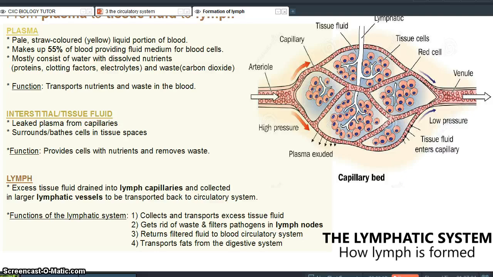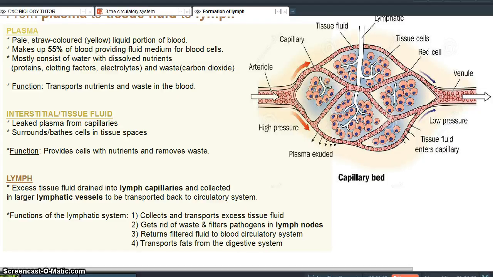And then the fourth function is more related to the digestive function and transporting of fats from the digestive system. If you recall, the villi have special lymphatic vessels called lacteals, so they're responsible for transporting fats from the digestive system. So that is the overview of the lymphatic system and its main functions.